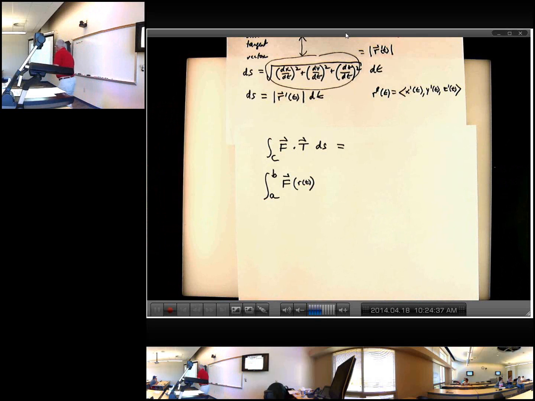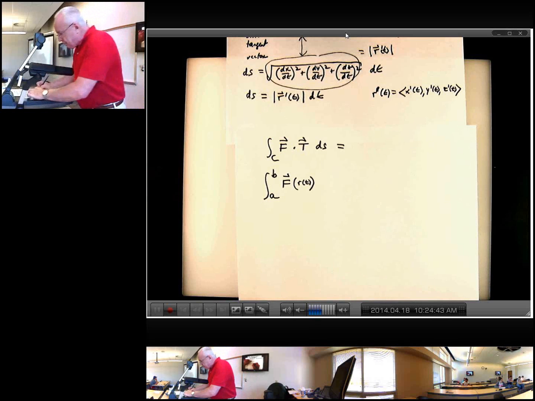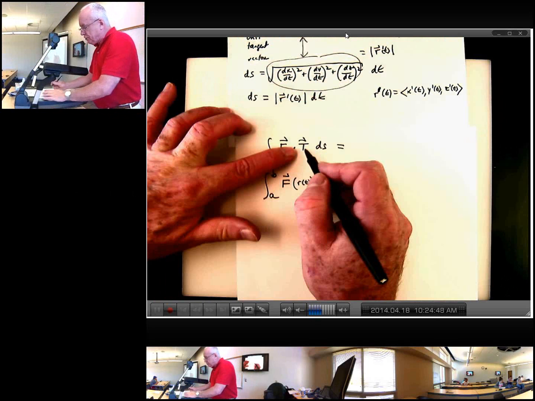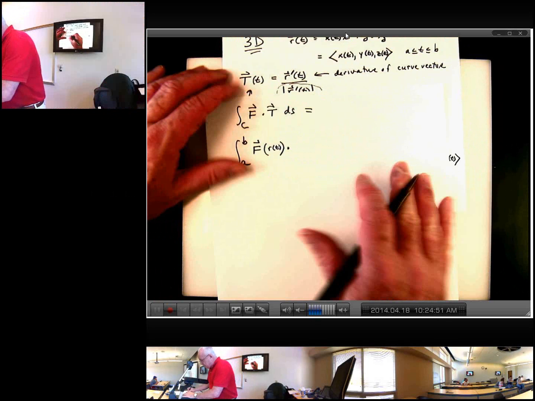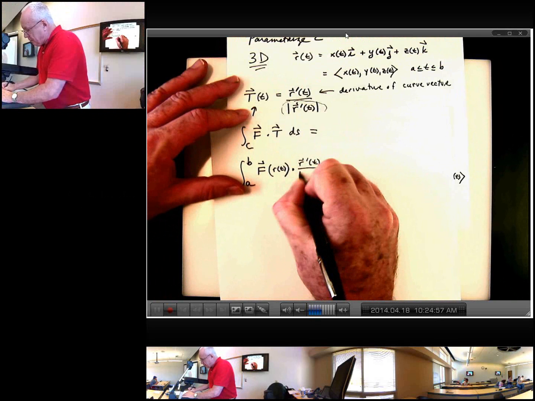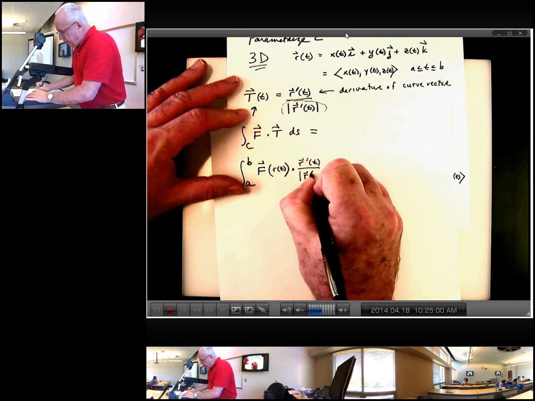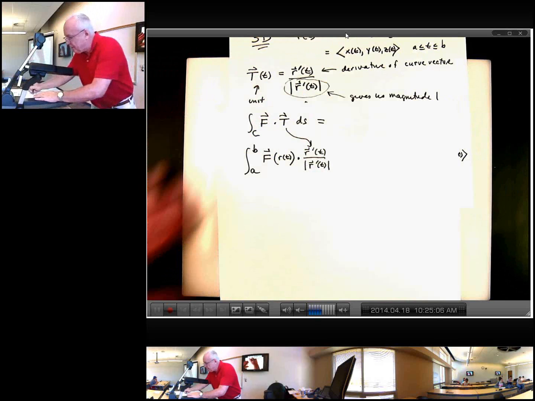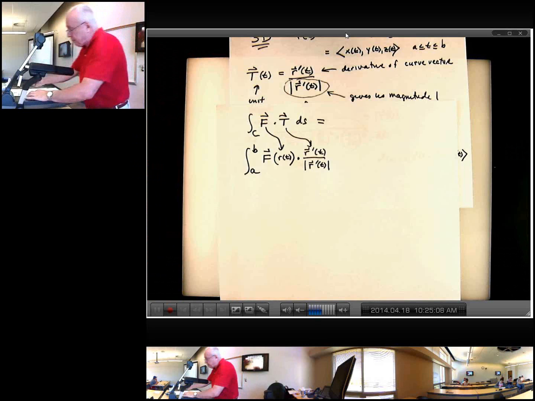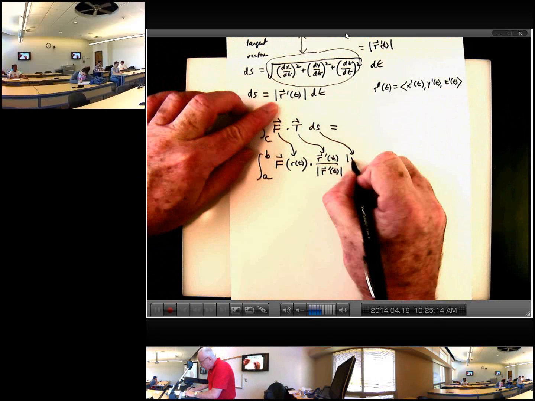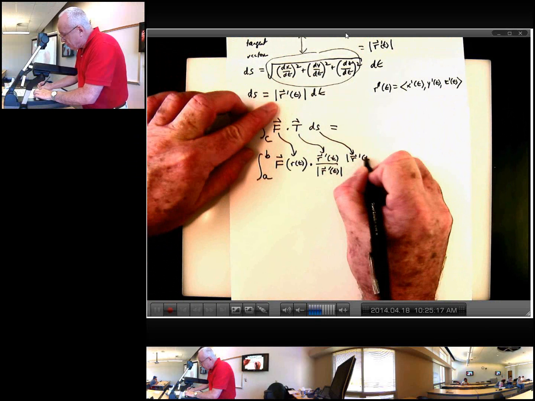So I need to plug my parameterization into my force vector, and then we have a dot product. And then let me rewrite my unit tangent vector as what I had up here. That's going to be the derivative of my curve vector divided by the magnitude of the derivative of the curve vector. So I'm replacing this with that, and then I'm replacing ds with what I have here, the magnitude of the derivative vector times dt.